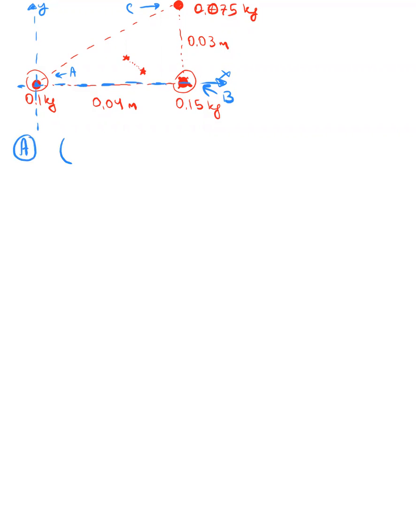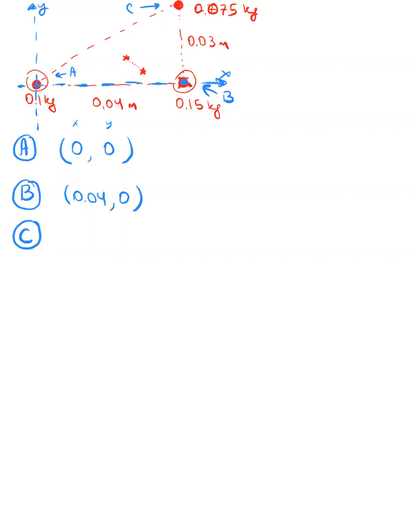Let's start with A. A is at the origin. Both the X and the Y coordinates are 0. Now let's look at B. B is on the x-axis. Its x coordinate is 0.04. Its y coordinate is 0.